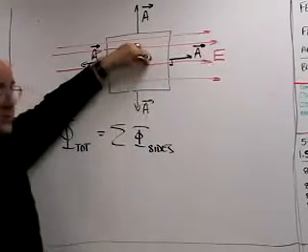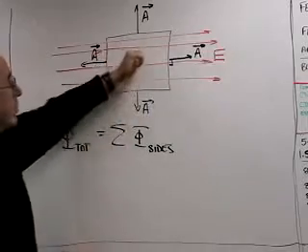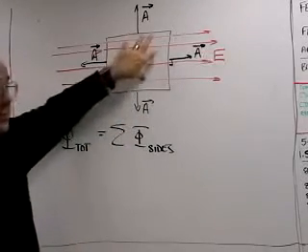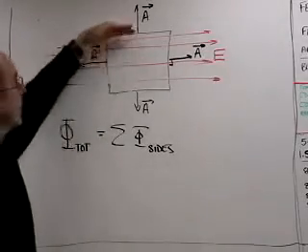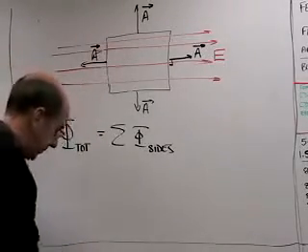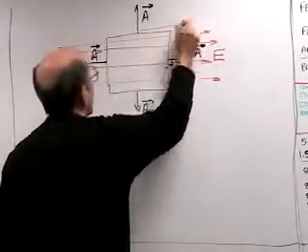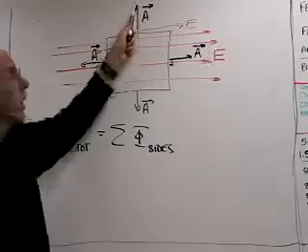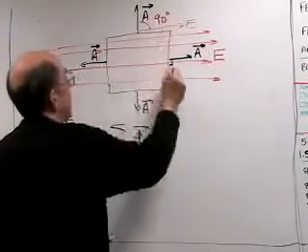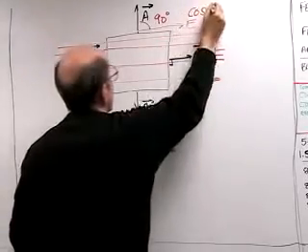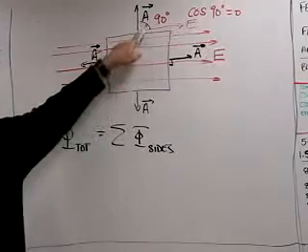They're perpendicular to each other, so the cosine of 90 degrees is going to be 0, and there's going to be no electric flux coming out of that square side. In the same way, on the top surface, the electric field is going that way and this area vector is going up. There's a 90-degree angle. The cosine of 90 degrees is equal to 0, so there's no flux going through that surface.